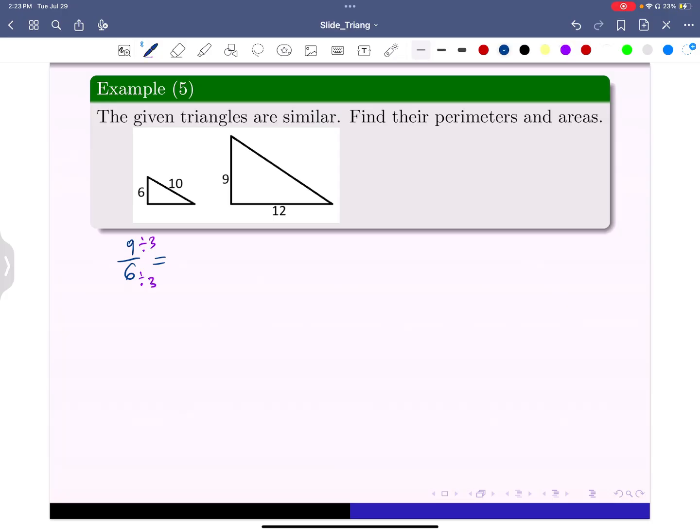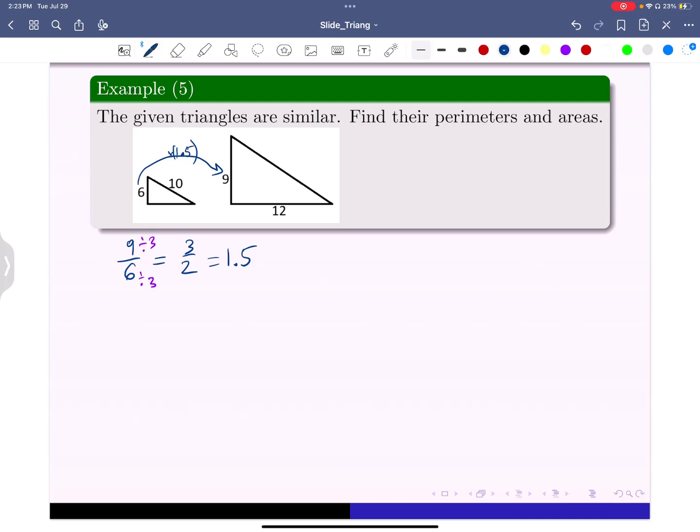So the scale would be 3/2, or you can say 1.5. So the scale is 1.5. You would need to go from this times 1.5 to get to the other side, right?